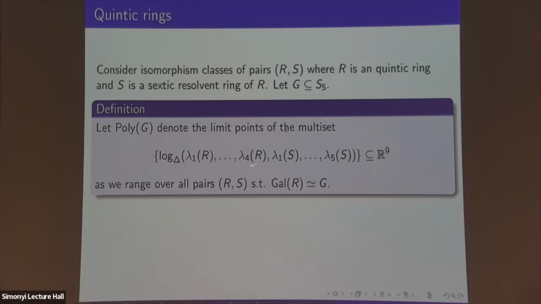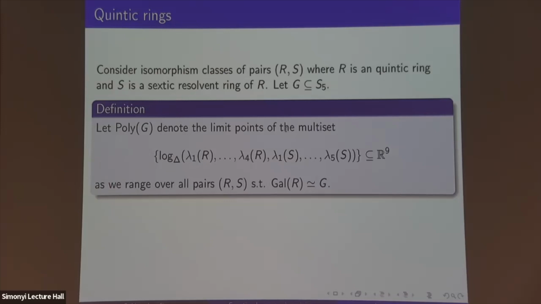We take the 4 successive minima of the quintic ring and the 5 successive minima of the sextic ring, package them all together, and then take a log with respect to the discriminant. So we get 9 real numbers, a point of R^9. As we range across all pairs, we get a bunch of points in R^9, so we can take the limit points of this multiset, and I'm going to denote that by Poly G. That way I can explicitly refer to the support of these density functions.